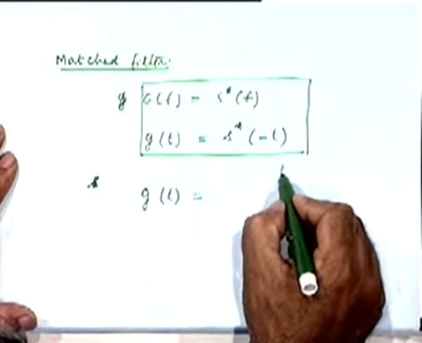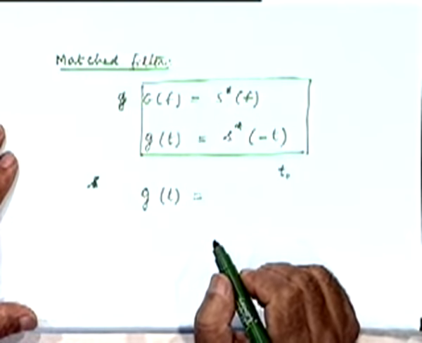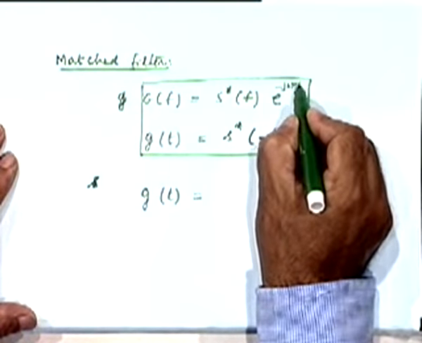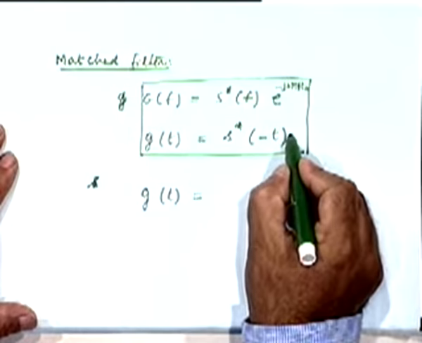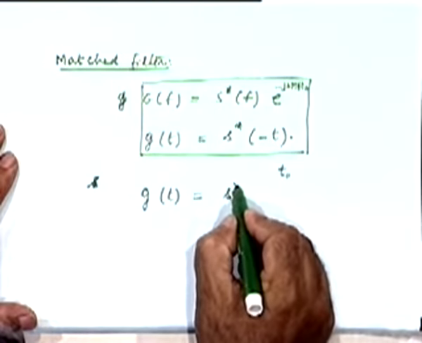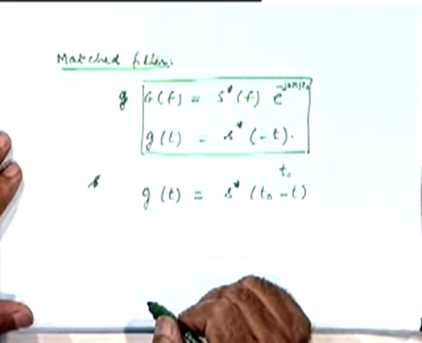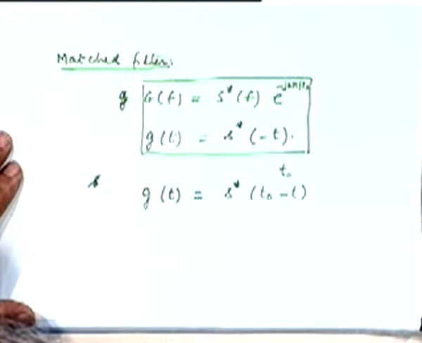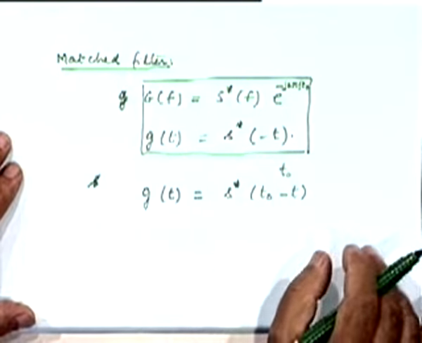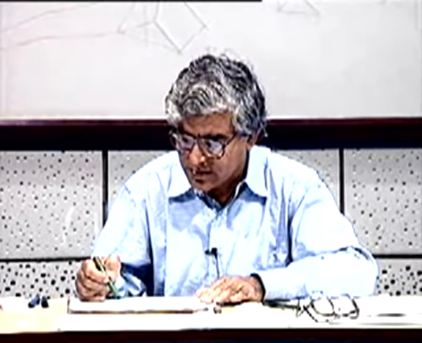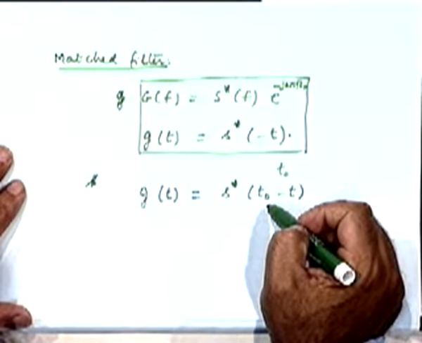Suppose I want to introduce a non-zero value of t0 minus t. Here it will be multiplied with e to the power minus j2 pi f t0. The corresponding thing here will be S conjugate of t0 minus t. Is that okay? Minus t plus t0 corresponds to a delay.